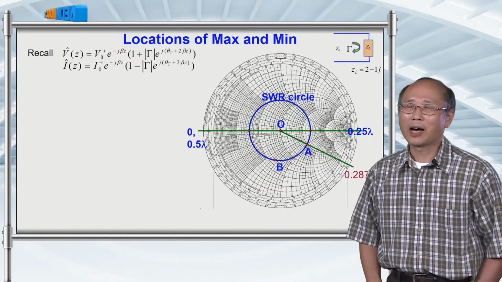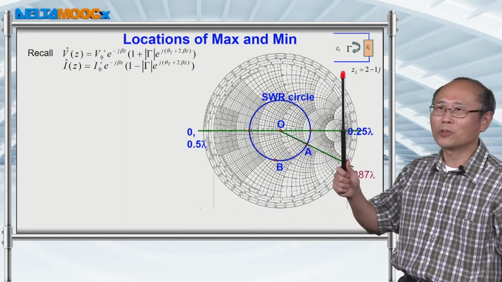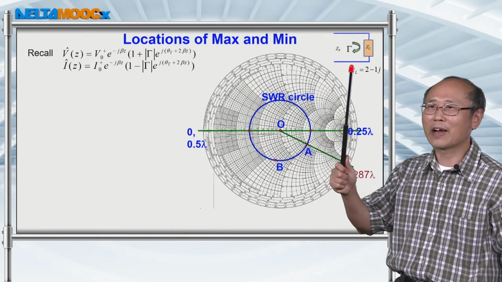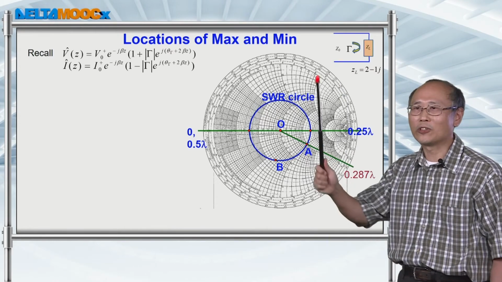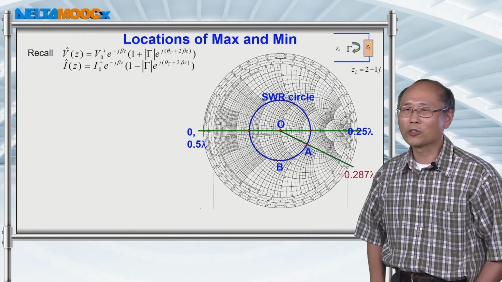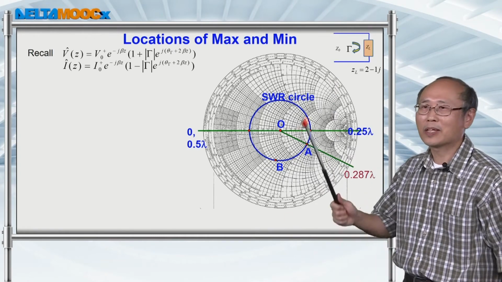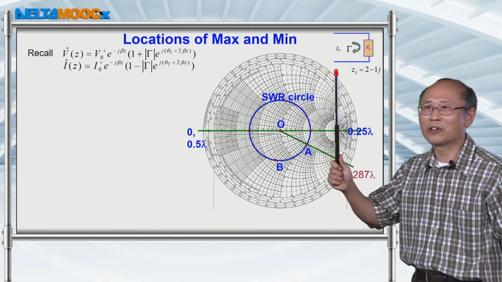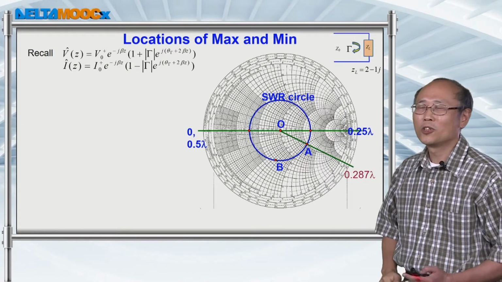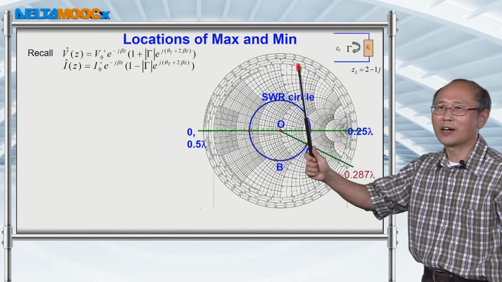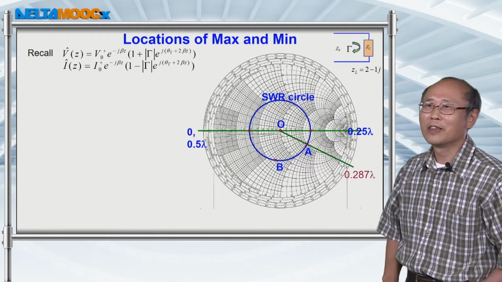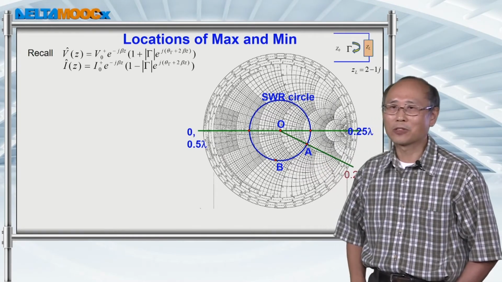Now, sometimes we want to know where you can find the maximum voltage and where you can find the minimum voltage. Or you could also be interested in knowing the maximum current and minimum current locations on this line. So basically you search on this line and try to find out the maxima and minima values.